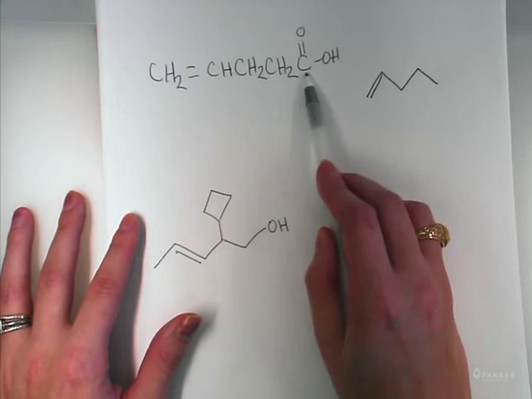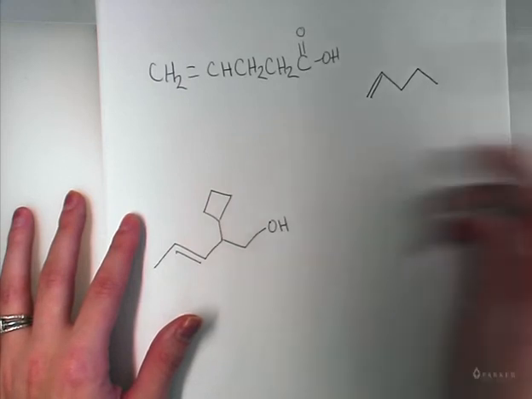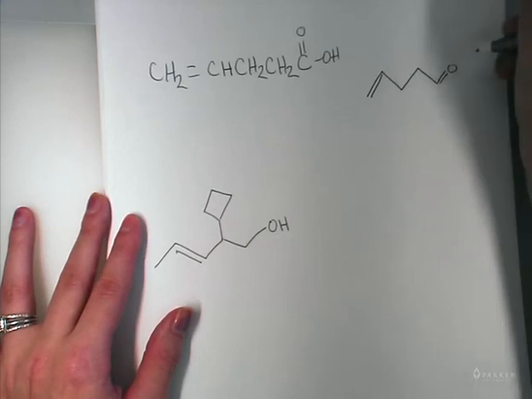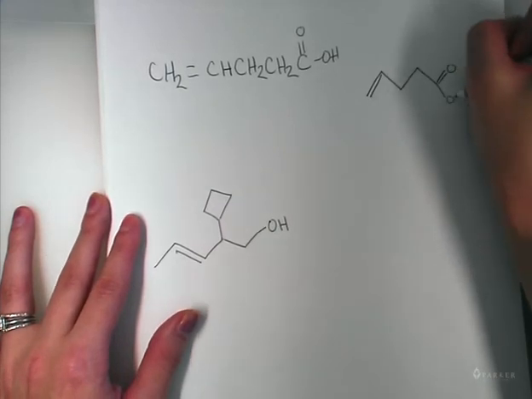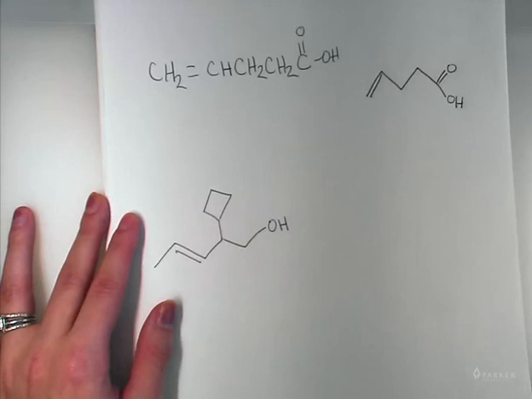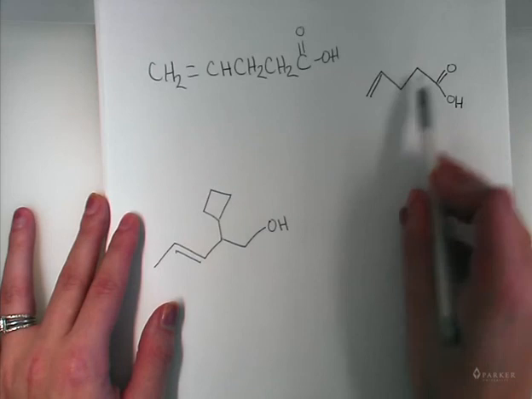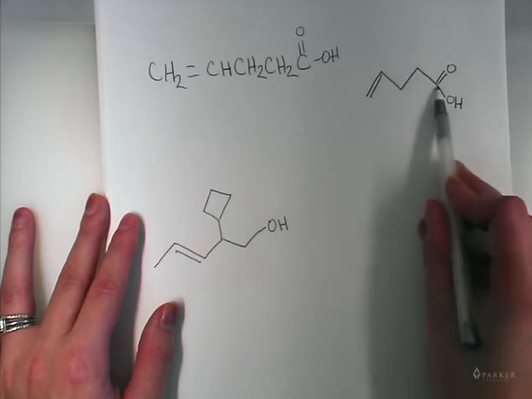But you see this last carbon at the end? What do we have coming off of that? Double bond oxygen and an OH. So again, it's 1, 2, 3, 4, 5.